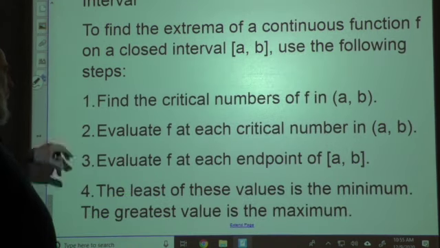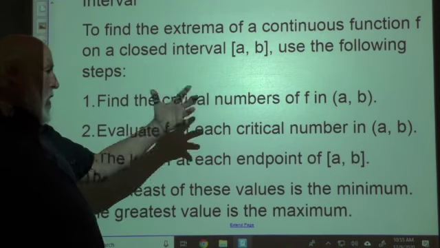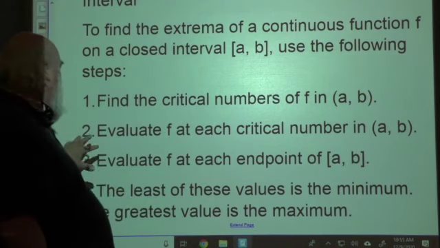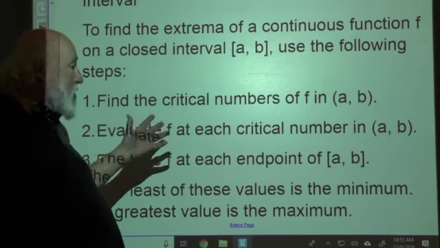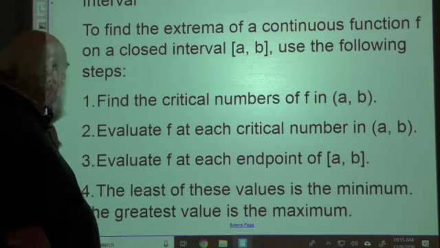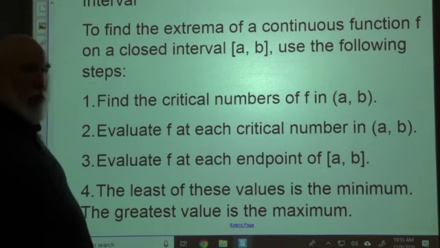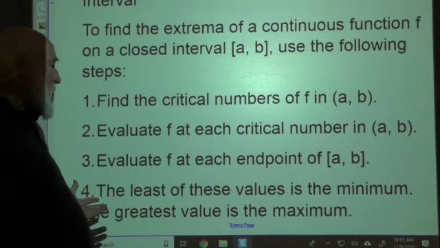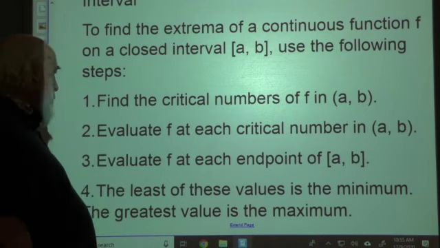Okay, but we have to first find the critical numbers in the A-B area. We need to evaluate the function. We have to find the y for each x, a and b. For whatever critical numbers we have, 1, 2, 3, whatever, we have to find the x first for the critical number, and then the critical point is (x, y).